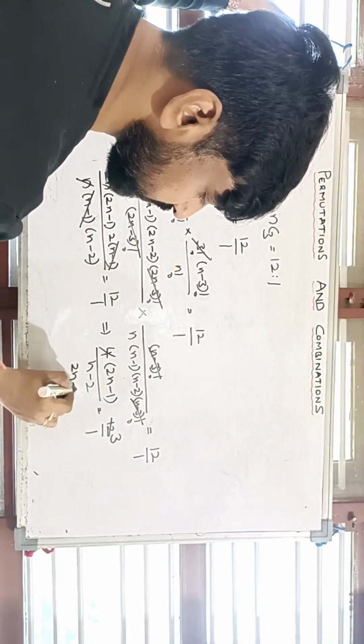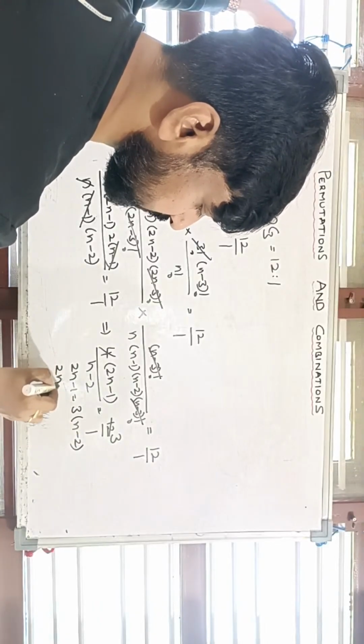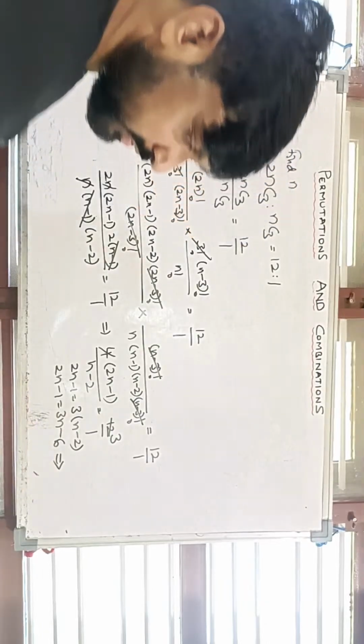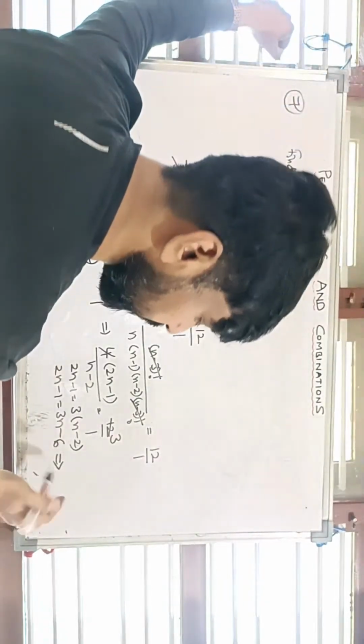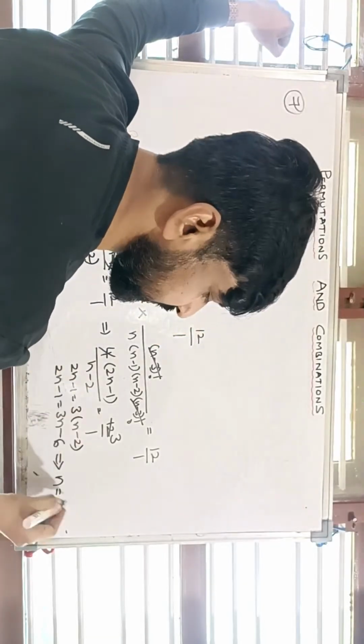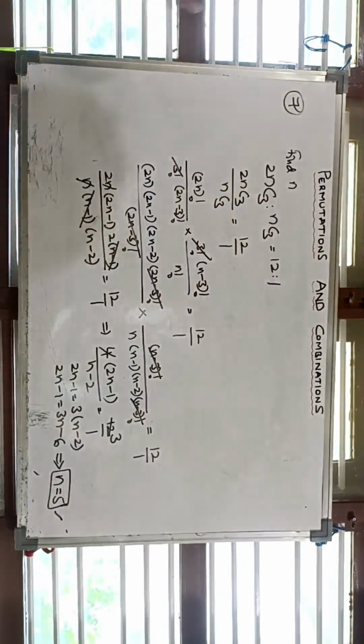Then 2n minus 1 is equal to 3 times (n minus 2). 2n minus 1 is equal to 3n minus 6, which implies 3n minus 2n is equal to 6 minus 1, which is 5. So n is equal to 5, that is your answer.